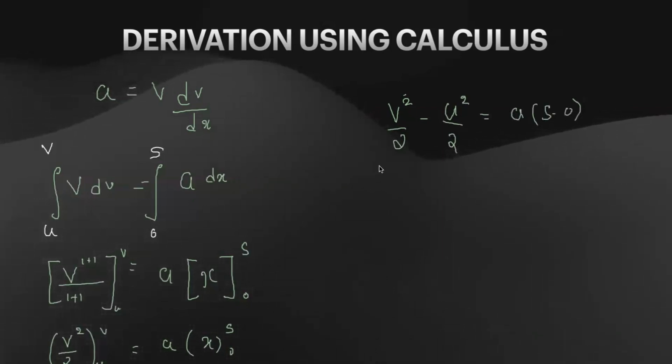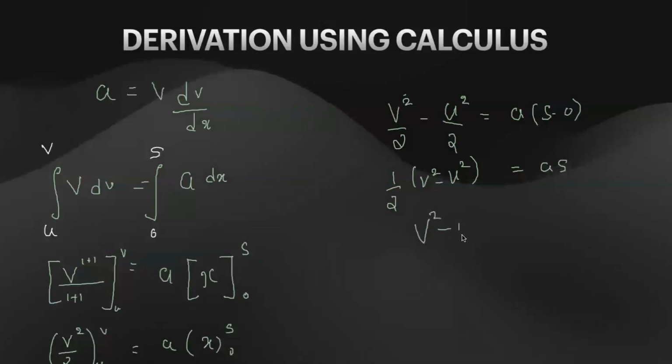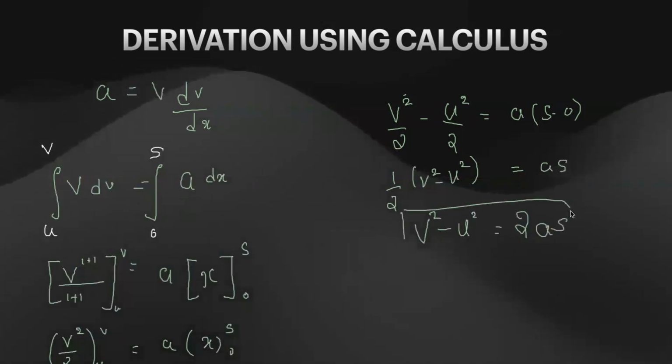Take half common. v square minus u square equals 2 a s. So there you go, we have derived the third equation of motion using the calculus method.